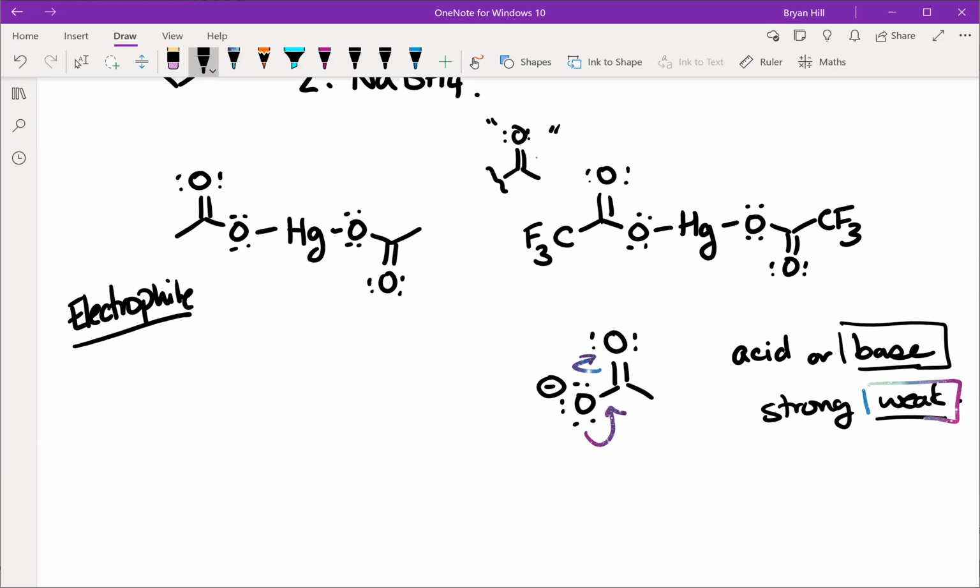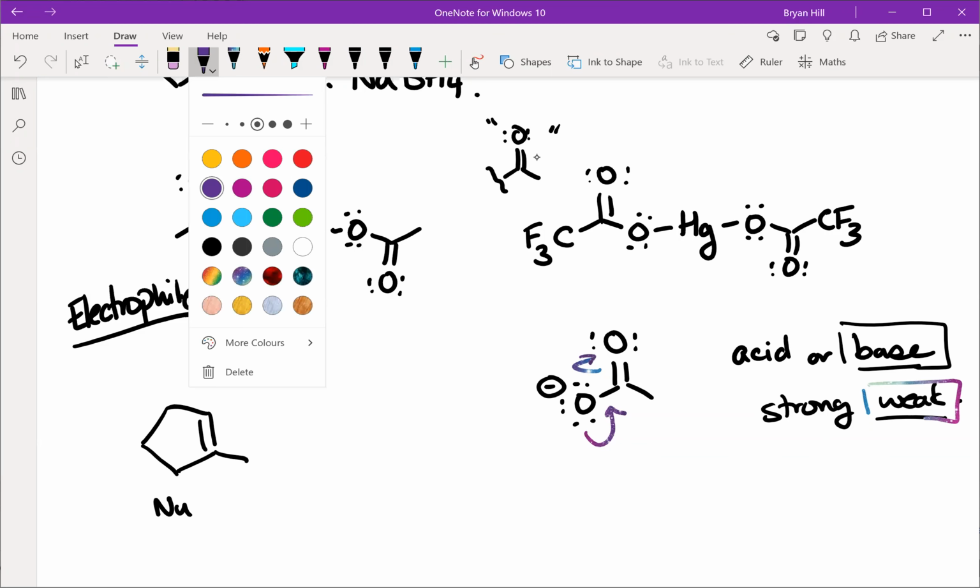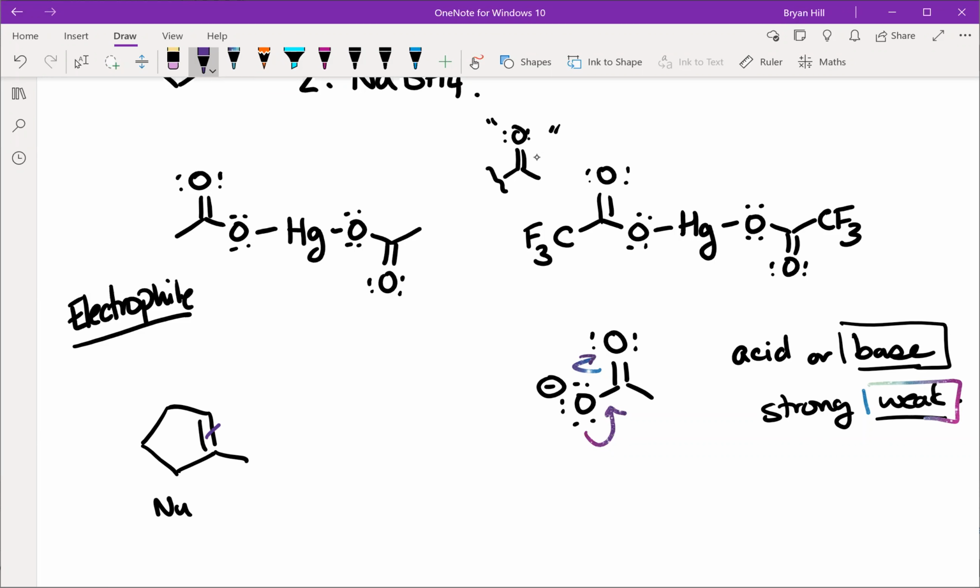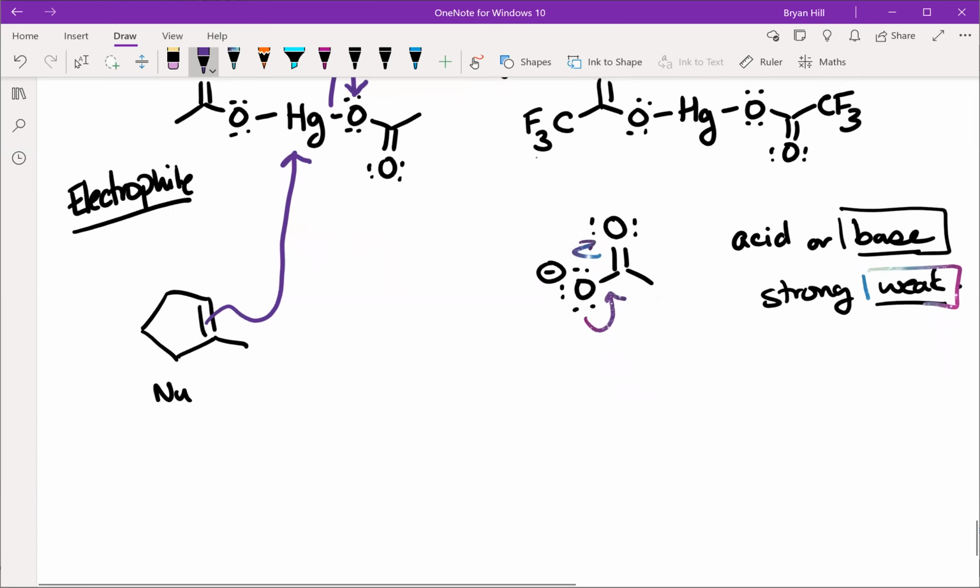So what we're going to do is we are going to have our alkene, because remember, this is going to be our nucleophile. It is going to attack the mercury, and one of our acetates is going to leave.